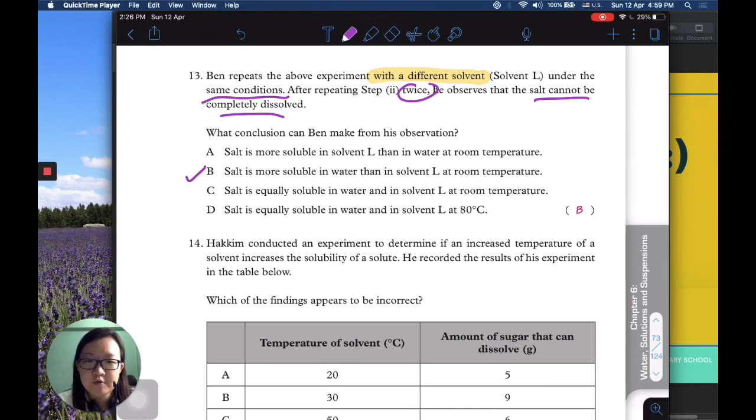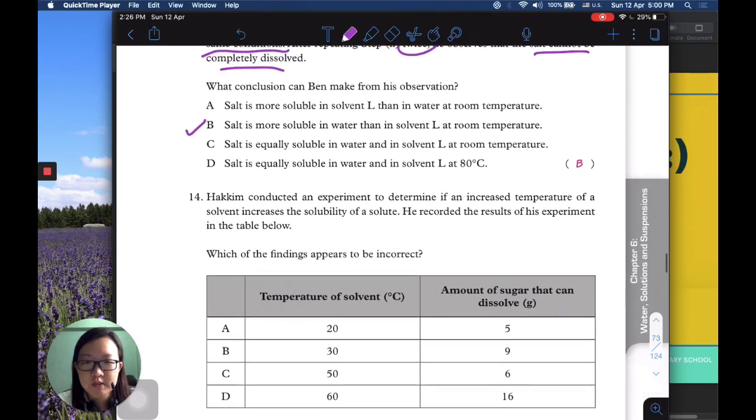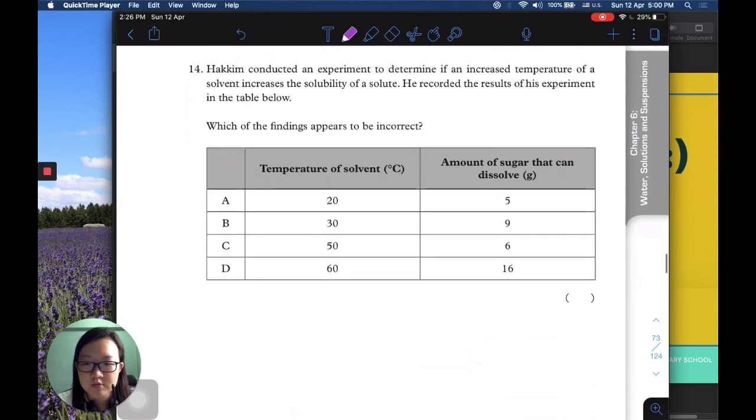So therefore, you can conclude that salt is more soluble in water than in solvent L at room temperature. So answer is B. Okay, a slightly tricky question, but it should still be manageable.